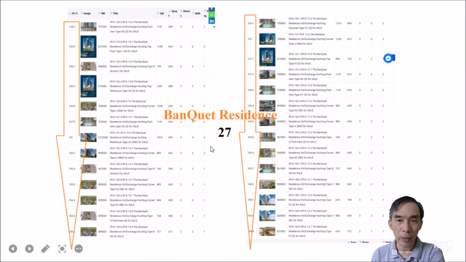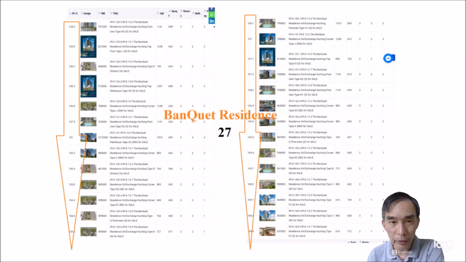Because it's too long, I chopped it in half and placed the second half on the right-hand side. You can see from 124.9 IPI to 136.1, until the highest at 169.9. Although it's the same project, the IPI calculated can range from 125 to 170, a big difference. Let us see how the IPI calculator arrives at these different rankings.